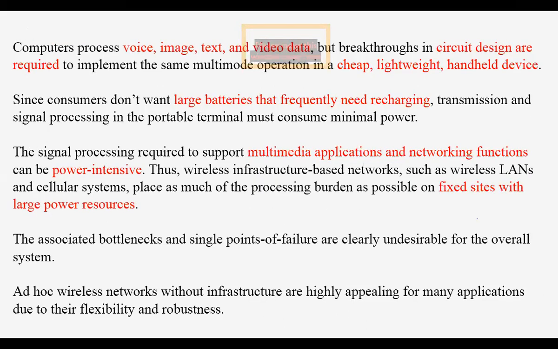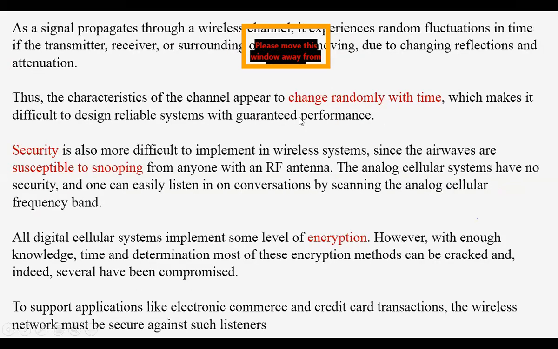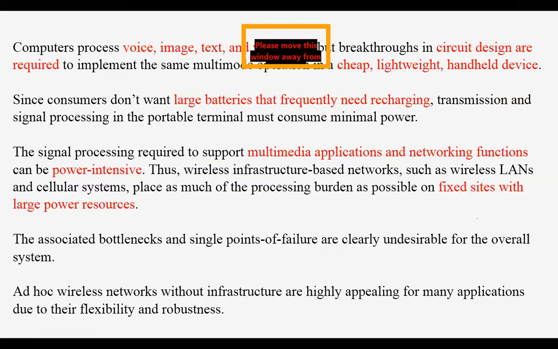So these are the wireless communication requirements. Computers process voice, image, text, and video data, so definitely we require to process this data. But the circuit design area is required to implement the same multimodalities or applications: cheap, lightweight, handheld devices that are able to handle them.